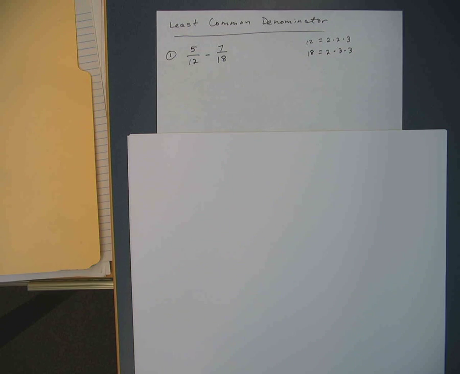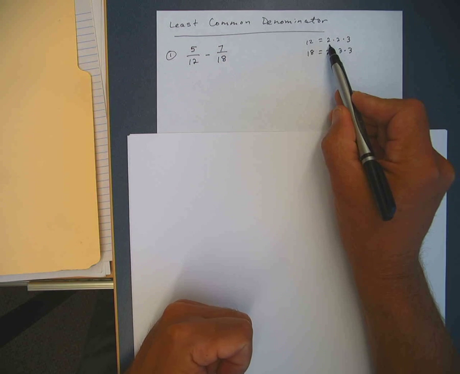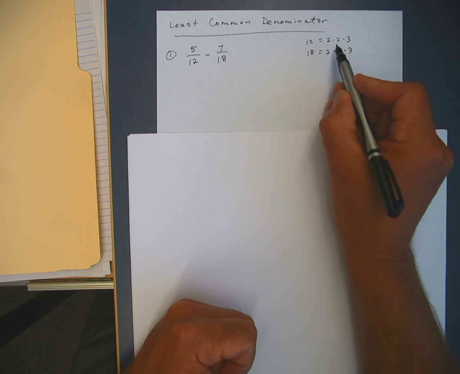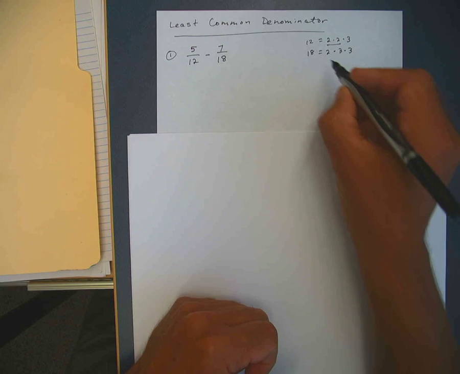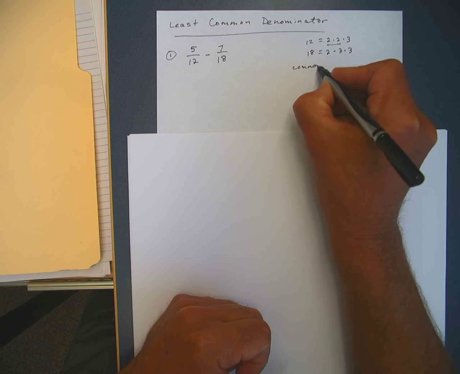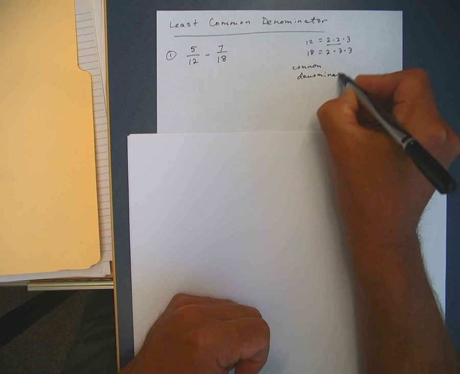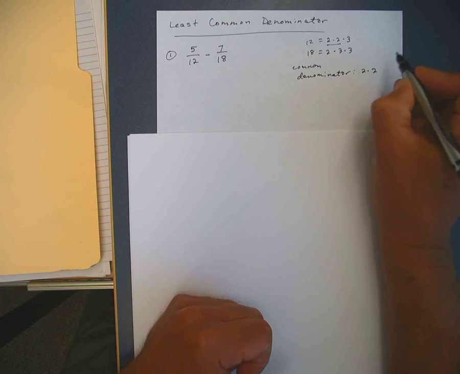Now the method to find a common denominator is you look at the different factors here, and then for your common denominator, take them the most that they appear. Up here with 12, we see that there are 2 2's. So I'm going to need 2 times 2.